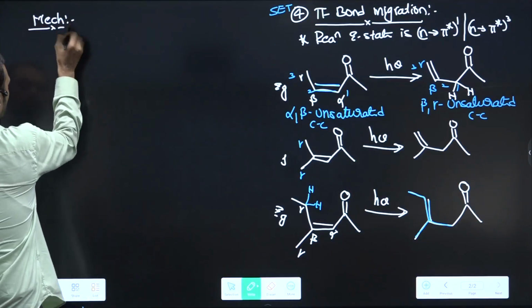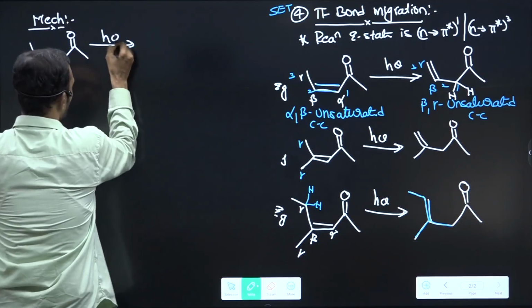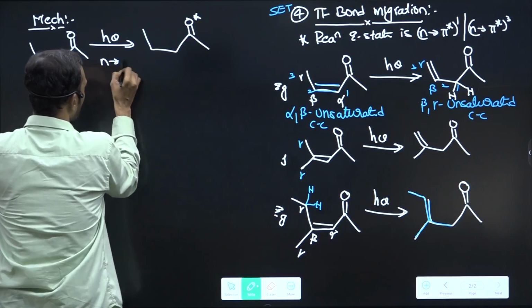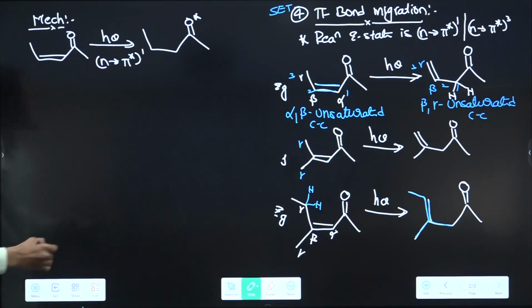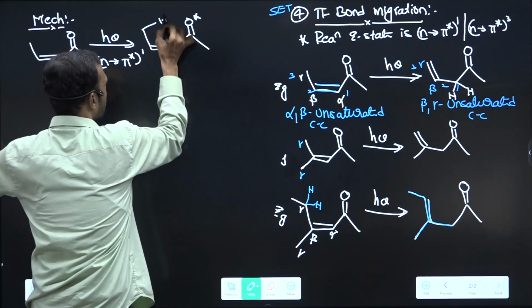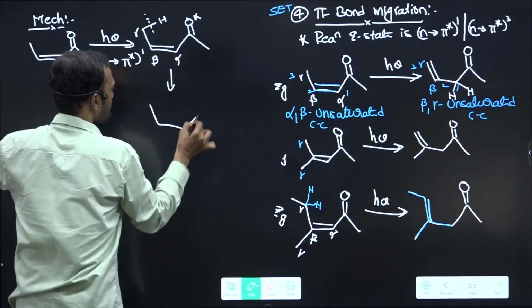See the mechanism. So photochemically activated. Here I can write n to pi star, singlet or triplet. You can go for ISC, you will get the triplet state. Now one of the hydrogens from gamma, alpha, beta, gamma, you break this and migrate here.